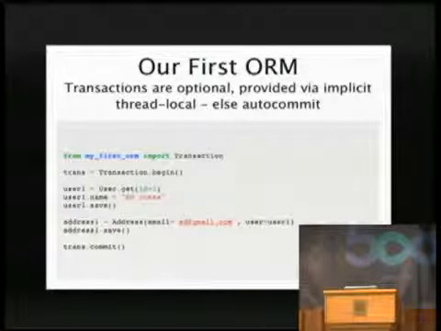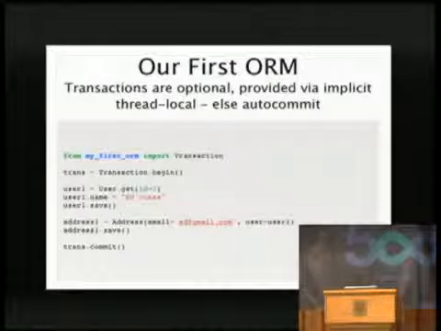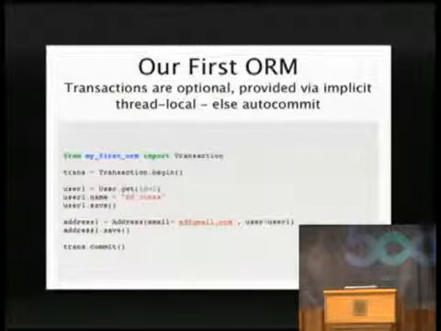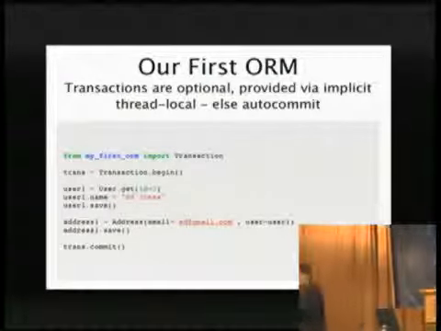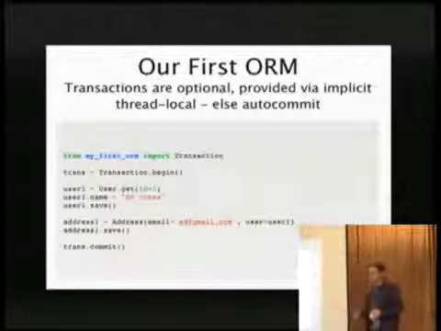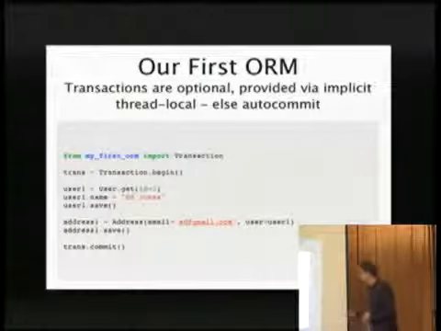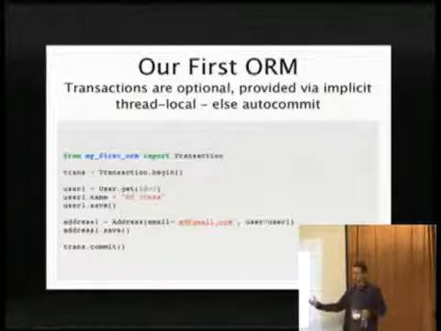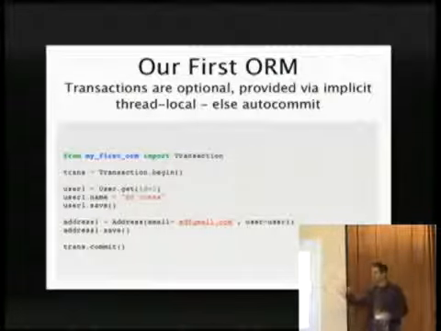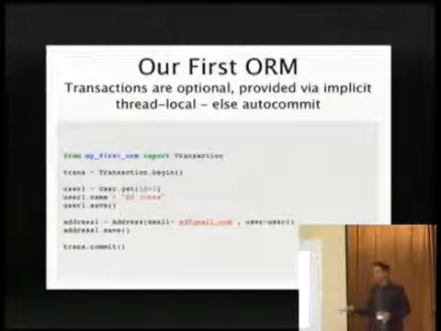You can make basically this global transaction that says transaction.begin, and then you work with your user and address objects. You do save and delete, and it'll emit all these insert and update statements. And then you say transaction.commit, and that'll commit the transaction. It's a reasonable system. There's no explicit linkage between the transaction and the objects we work with. There's basically a thread local. Do people know what a thread local variable is?